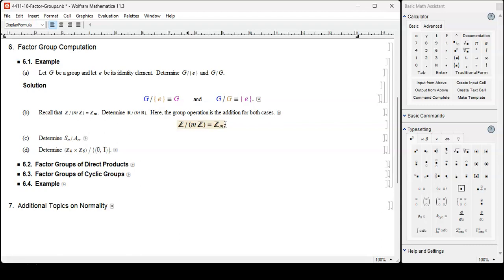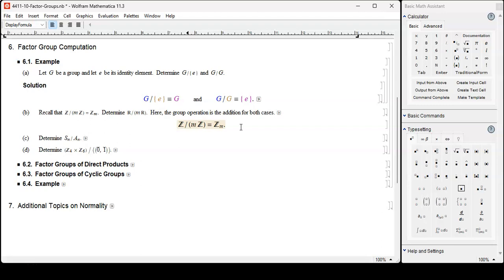So every non-trivial proper subgroup is of this form, mZ form, where m is positive. Yes, you can use negative if you want to, but why would you bother? The key is m should not be 0. And then we can consider the factor group, and that happens to be Zm.